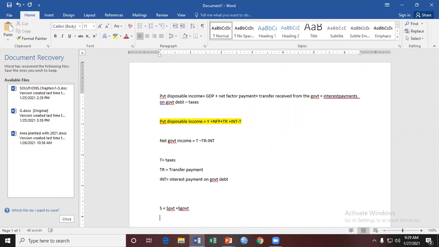Right? The value of private saving is, if you subtract consumption from your disposable income, you will get private saving. Let's substitute the value.